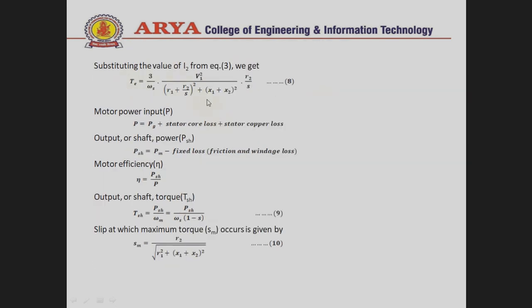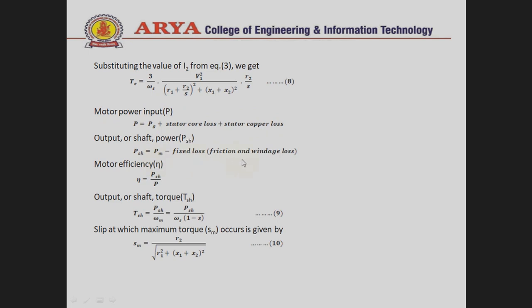Then we simplify it, we get this equation number 8 form. Motor power input P is equal to the air gap power plus stator core losses plus stator copper loss. Output or shaft power is equal to the developed power in the rotor minus fixed loss.